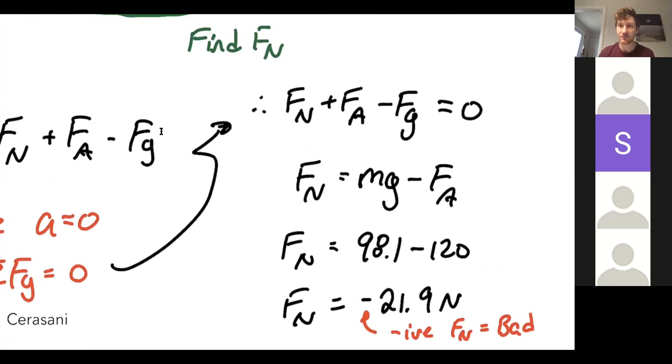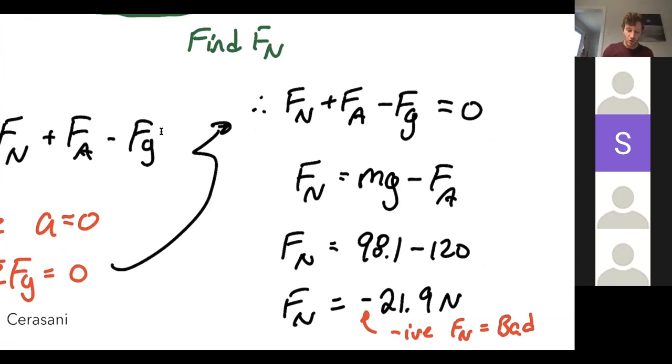If you have a negative contact force, that means two things. You're either not in contact anymore or you fell through the object. Because if you don't have a contact force, you don't have contact anymore. Negative like that, it just doesn't work.